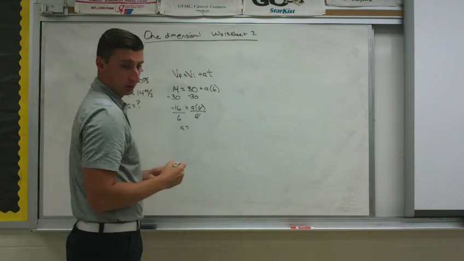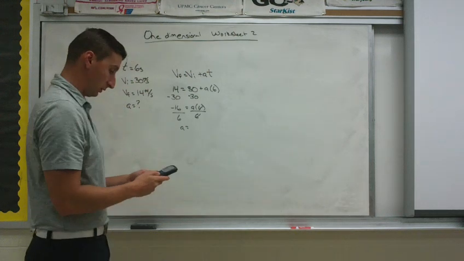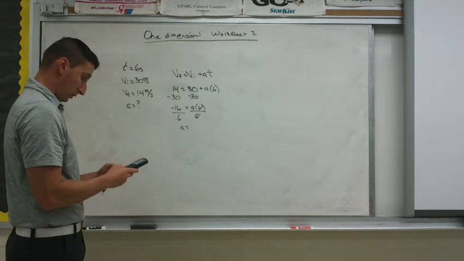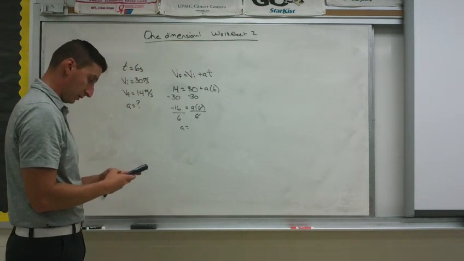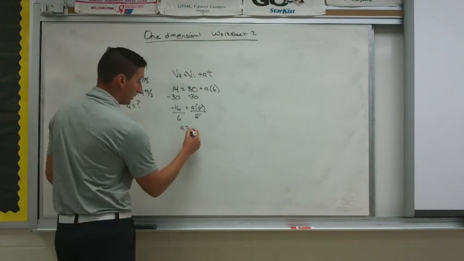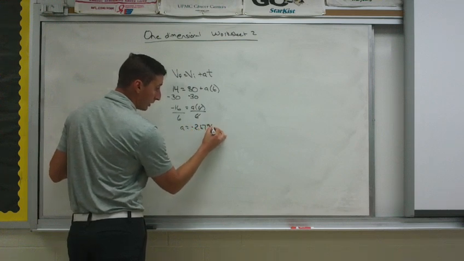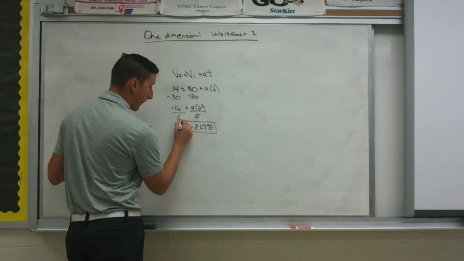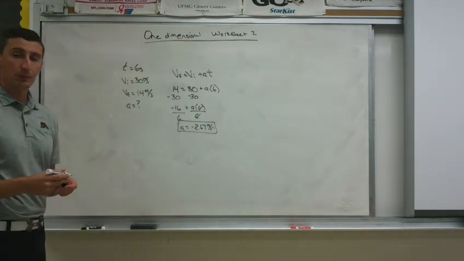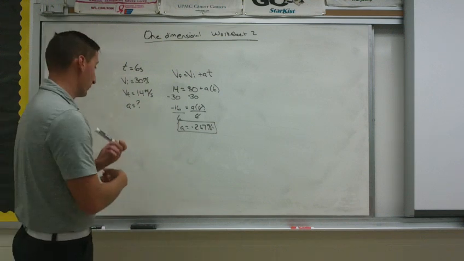A equals negative 2.67 meters per second squared. Again, nice and easy problem here. Just getting used to the format. Okay, so we're going to keep moving on here.